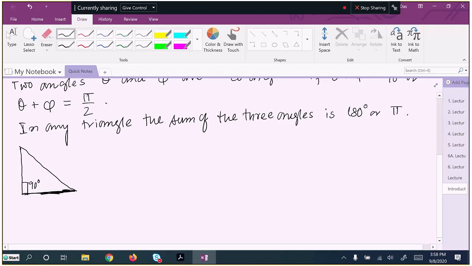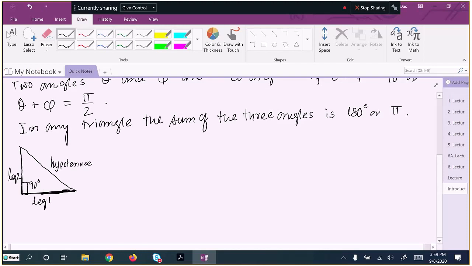Remember, if one of them is A and the other is B, then A squared plus B squared is equal to C squared. So let's call it leg 1, this is leg 2, and the longest side of the right triangle is called the hypotenuse.